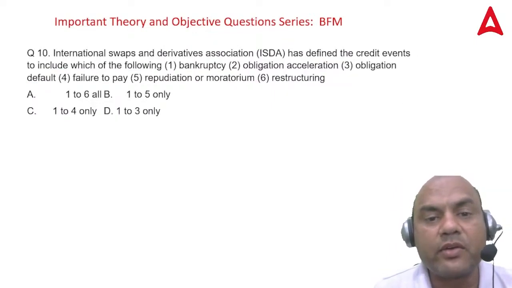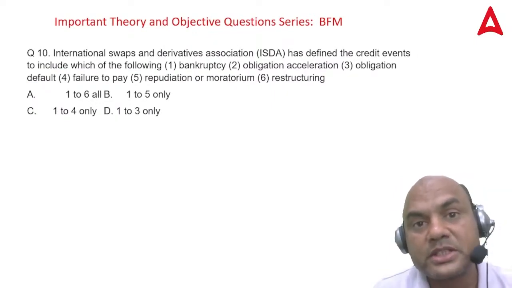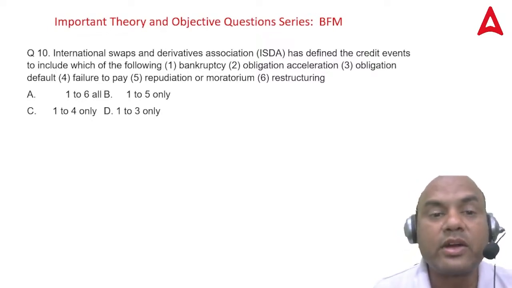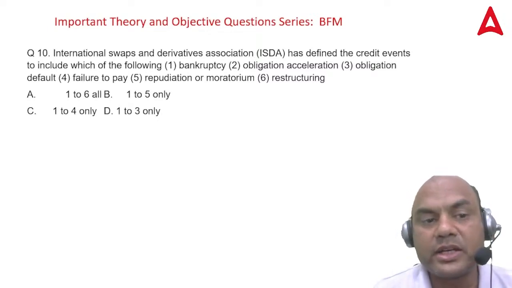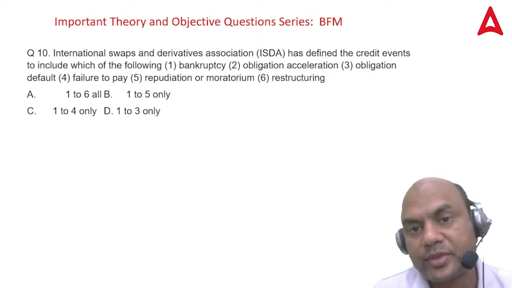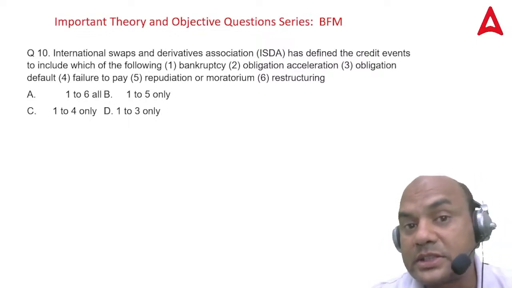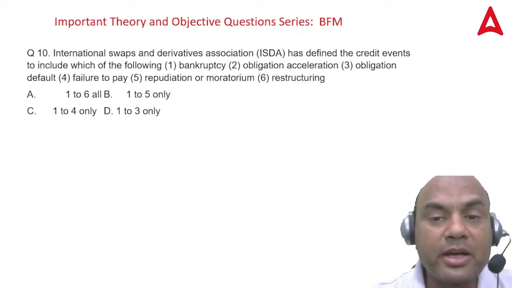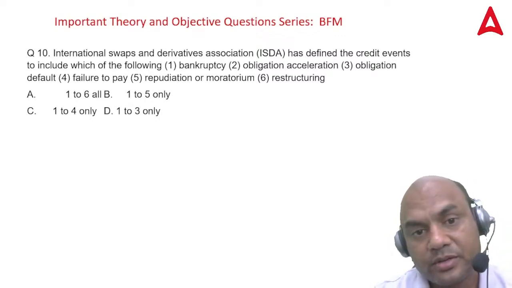International Swaps and Derivatives Association, ISDA. This is an international body which controls or gives directions to the derivatives and swaps. ISDA has defined credit events to include which of the following? So ISDA says which of the following are credit events? Credit event, just now we saw it, means any bankruptcy, any prepayment, all these were credit events. Now what does ISDA say about it?